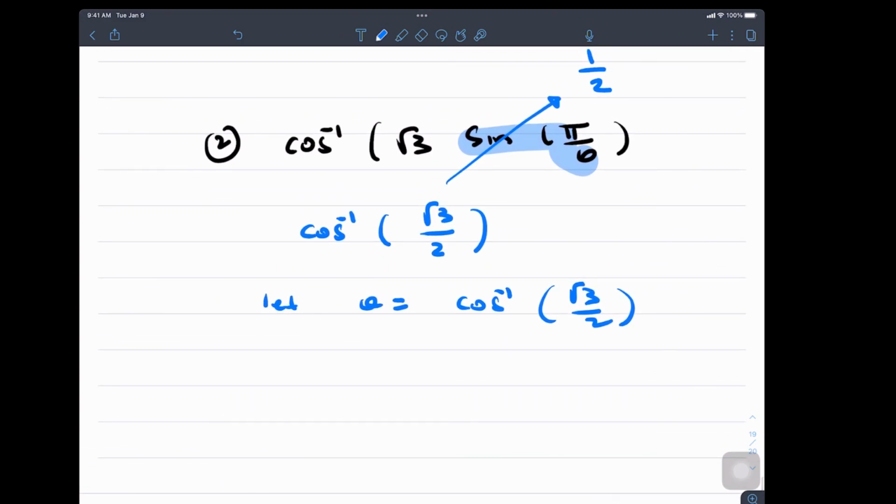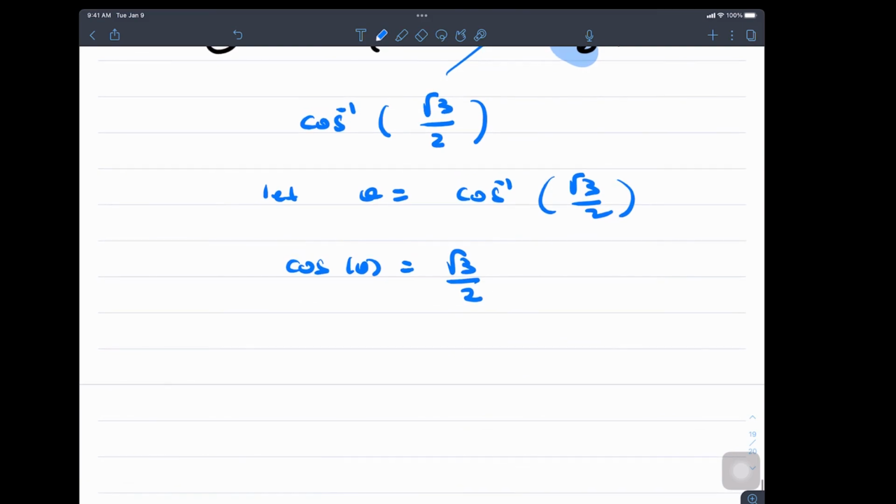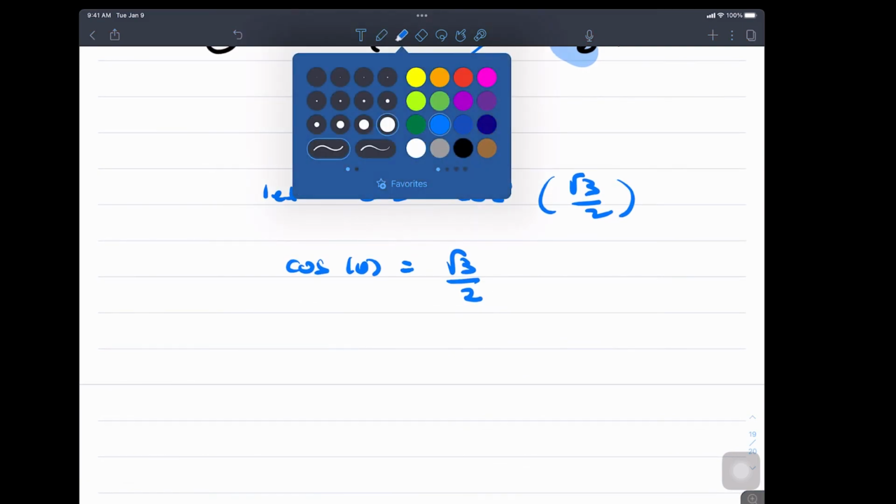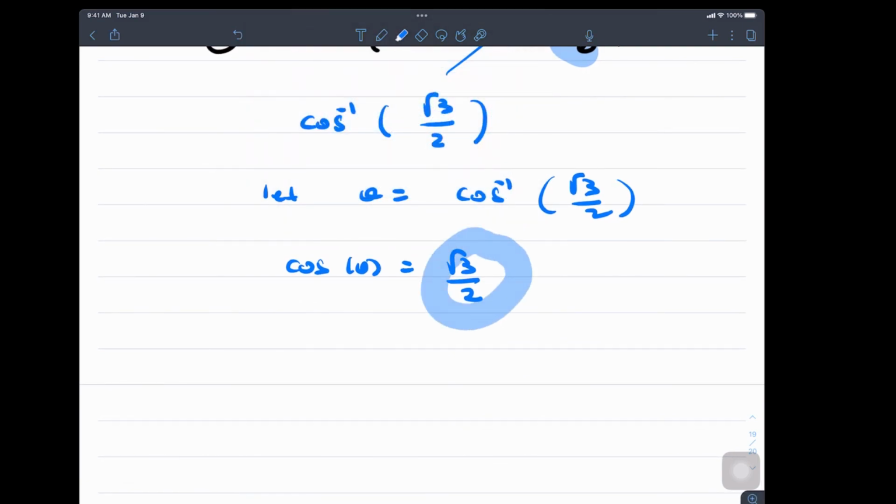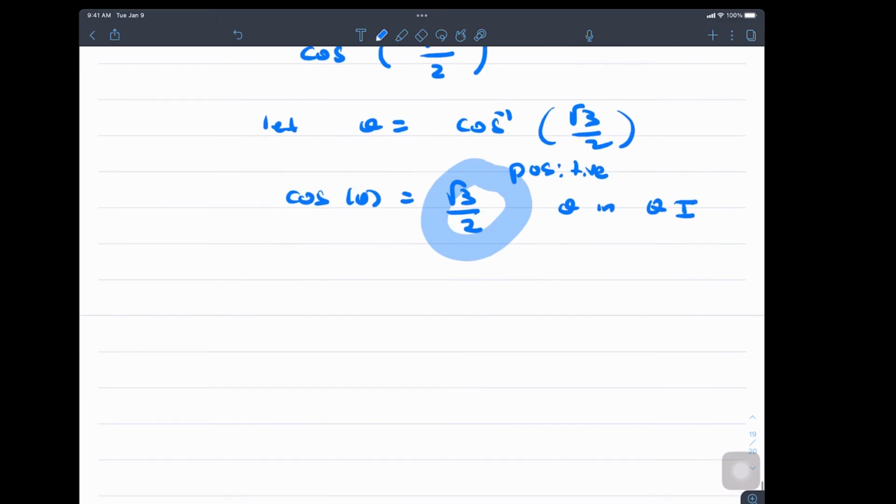Right? And then by definition, that means cosine theta equals what? Square root of 3 over 2. Now, I know that this answer is what again? This is what? Positive. What does that mean about theta? Theta is in quadrant what? 1.